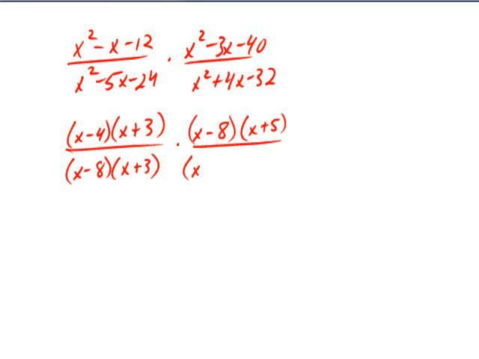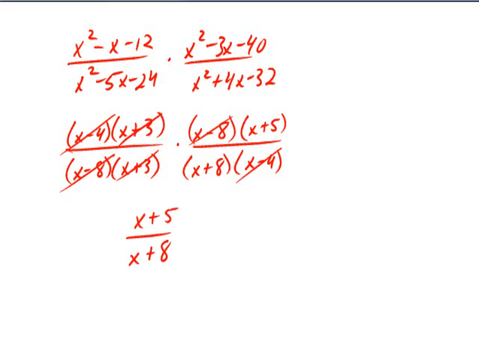And the denominator, x plus 8, x minus 4. In the problem now, we have x plus 3 in numerator and denominator. We have x minus 4 in numerator and denominator. x minus 8 in the numerator and denominator. And I'm left with x plus 5 over x plus 8.